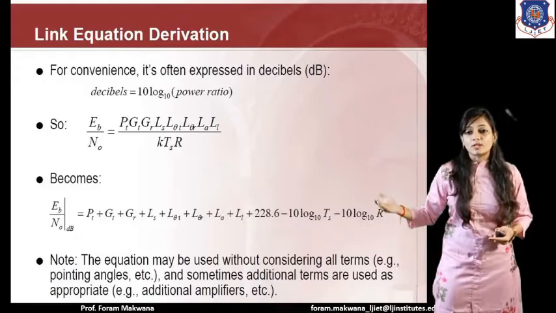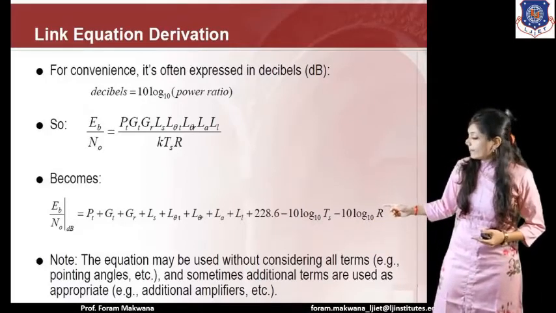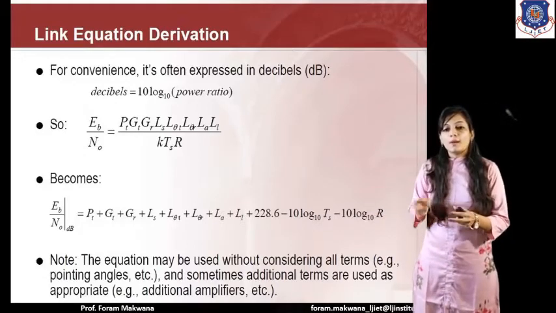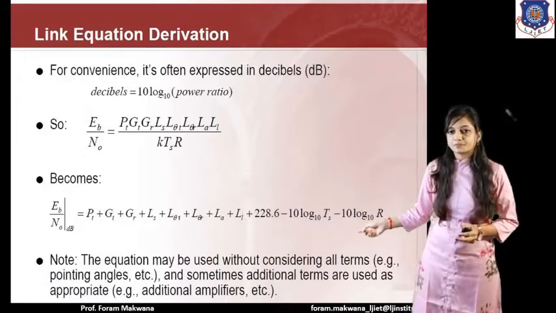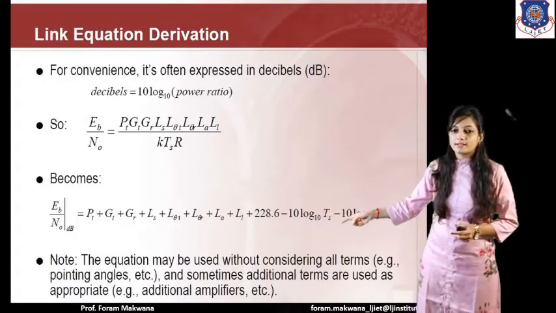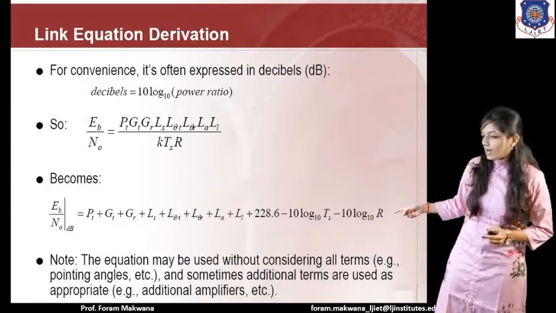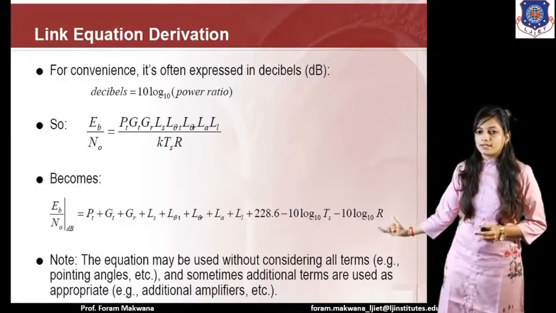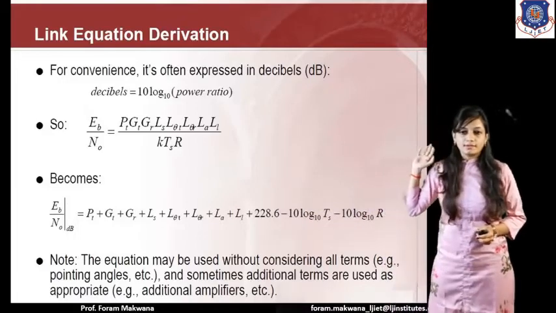If we convert that quantity into decibel, we will get minus 228.6 dB per hertz. That's why if I do minus minus, as K is in the denominator, so minus minus plus, over here a plus sign is there. Then minus 10 log base 10 Ts and minus 10 log base 10 R. Right? This quantity is in dB, and in dB, all quantities. Okay?